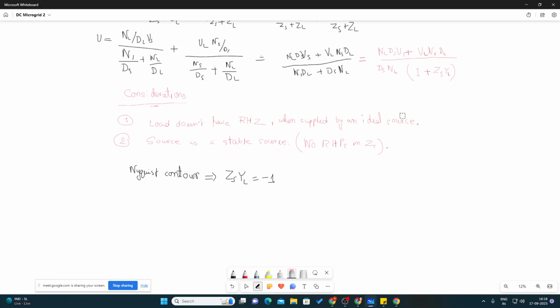It is already cleared out, because the load doesn't have a right half zero and the source is a stable source. So NL won't have any right half element, DS will also not have any right half element, so we are not bothered about DS and NL.